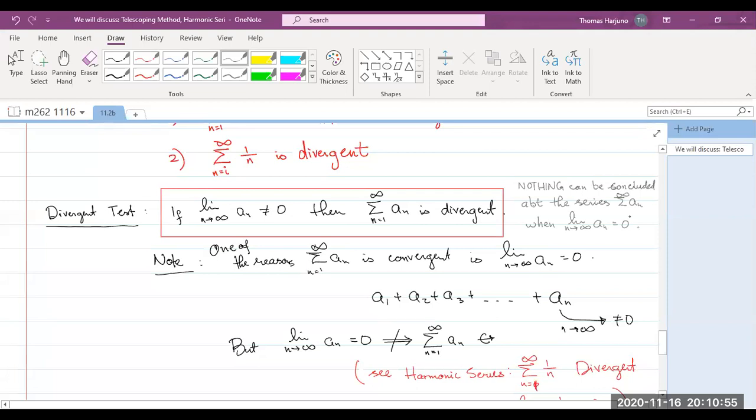That's a warning. If it is not 0, then the series is divergent. If it is 0, nothing can be said.